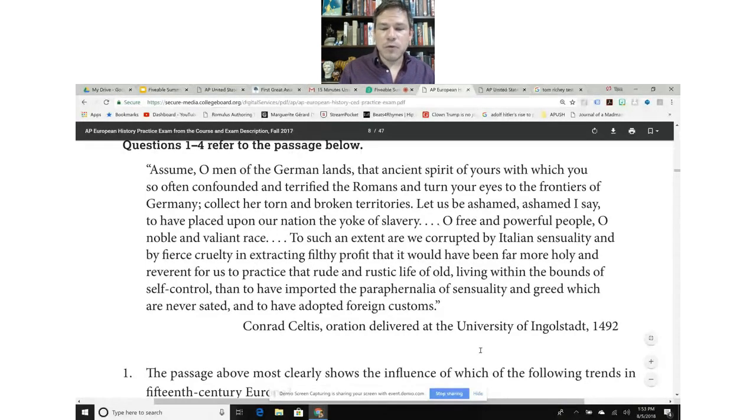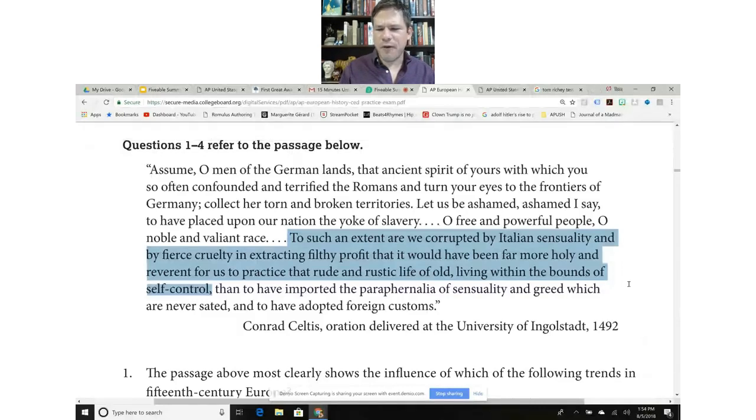And then to such an extent are we corrupted by Italian sensuality and by fierce cruelty in extracting filthy profit, that it would have been far more holy and reverent for us to practice that rude and rustic life of old, living within the bounds of self-control. So you can see here that this is someone speaking to Germans, and these Germans, they terrified the Romans.